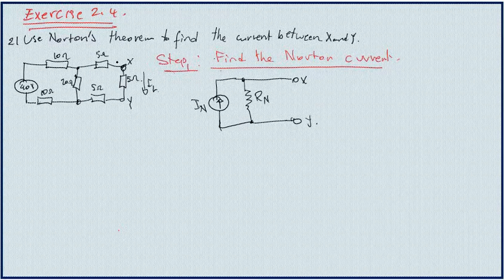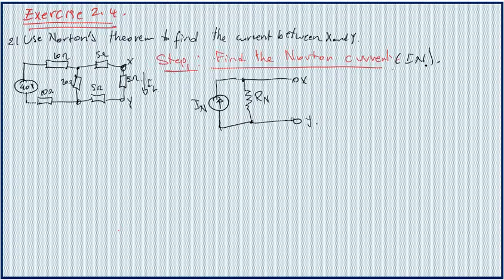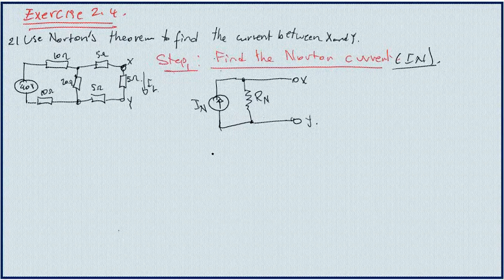So I need to simplify this complex circuit into this one. If we only know what the Norton current and the Norton resistance are, then we are fine. But there is a procedure to determine IN and RN. Okay, let's start with the Norton current, which is symbolized by IN.